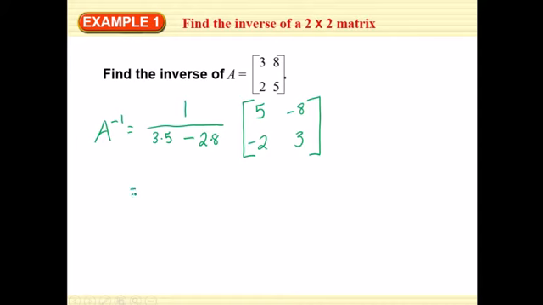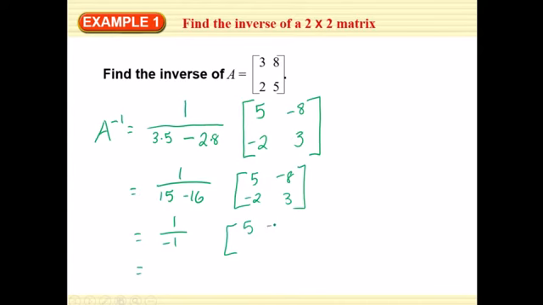Going through the multiplication and subtraction, I have 15 minus 16, which is 1 over negative 1, which is just negative 1, that I'll be distributing. That's still times the matrix 5, -8, -2, 3. Finally I distribute that -1 into my matrix, so my final answer is -5, 8, 2, and -3.